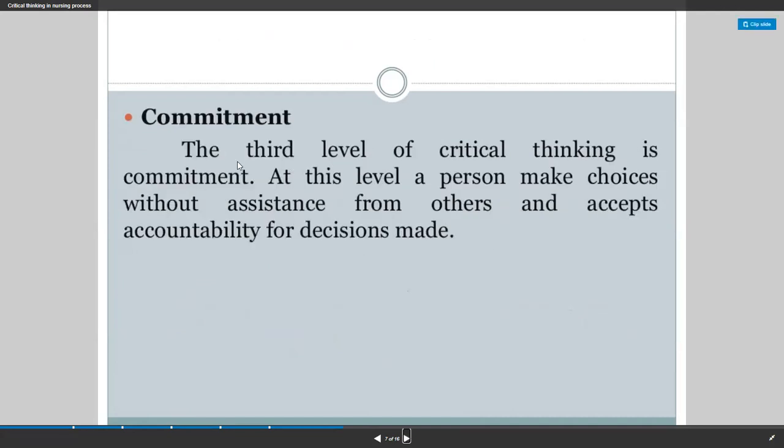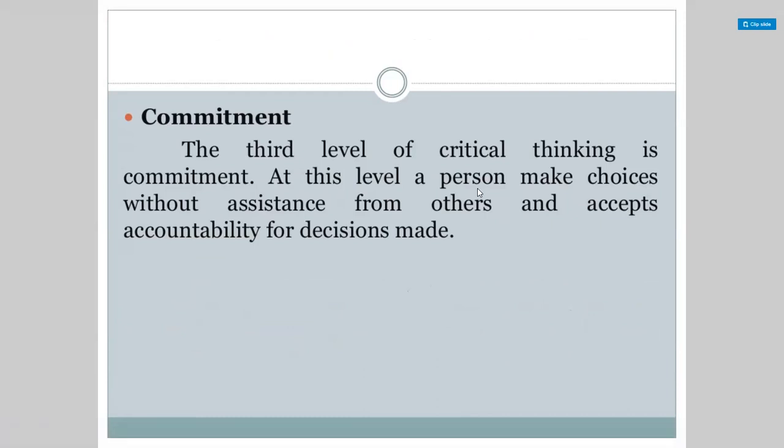Then, regarding the commitment, the third level of critical thinking is the commitment. At this level, a person makes choices without assistance from others and accepts accountability for the decisions made. Accepting accountability means whenever he or she makes a decision, you have to be able to answer why you made that decision. That is accountability.